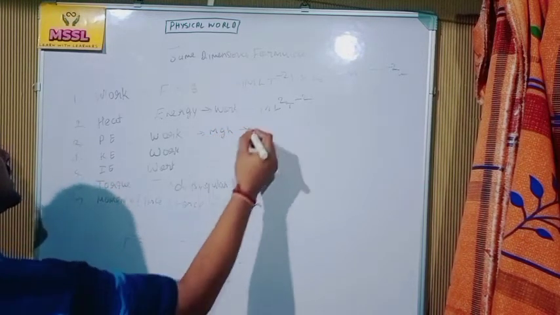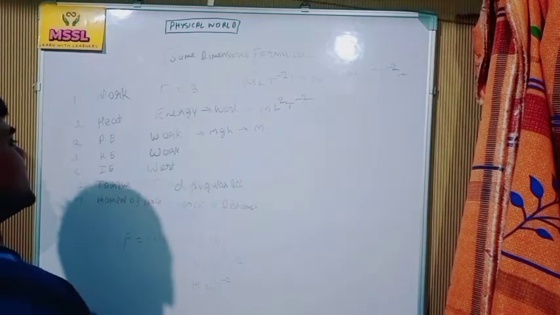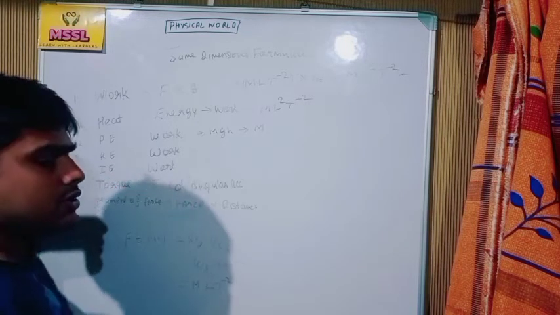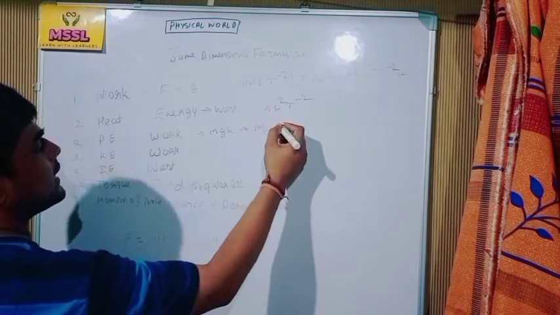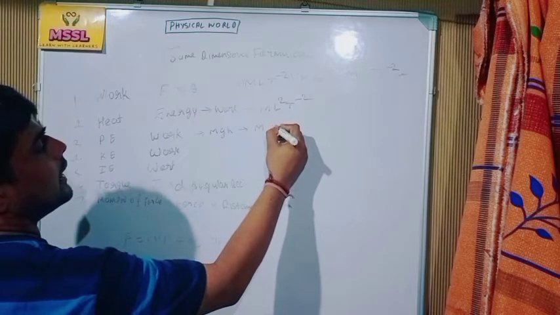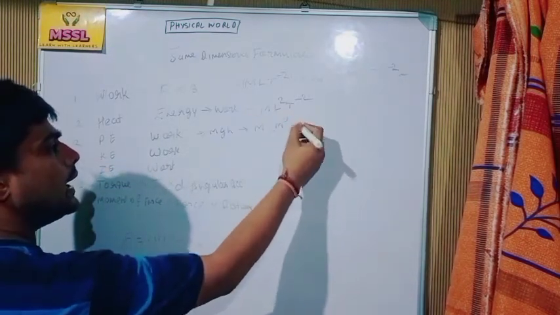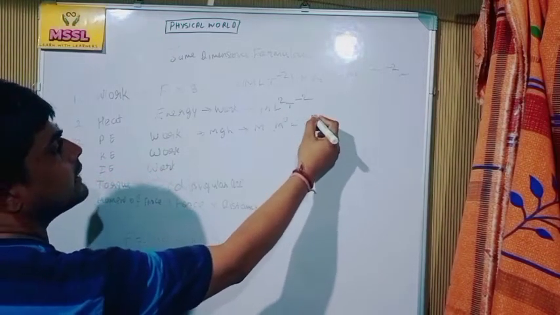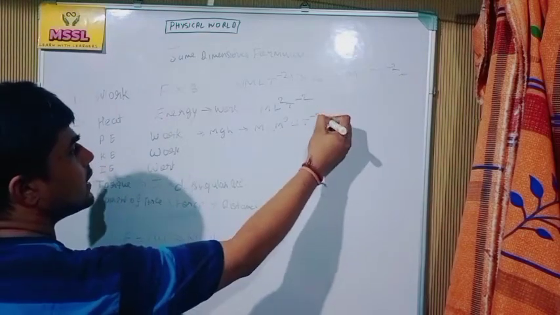M is the mass. So for mass, we can write M. For g, it is the acceleration. What is the formula for acceleration? Change in velocity per unit time. So again, you can write it as M is 0, L is 1, and T minus 2. This is the formula for this.